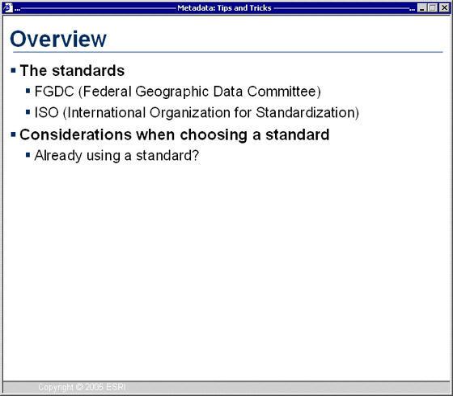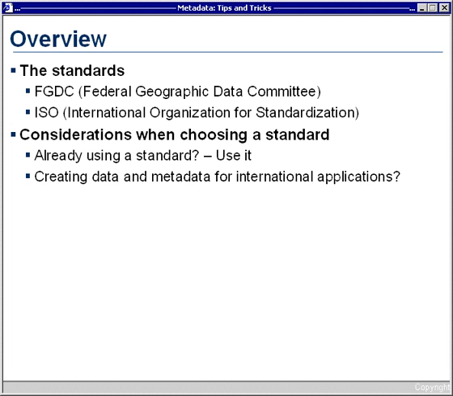If you're already working with one of the standards, there's no compelling reason to change just for the sake of change. If you're working with international applications, then you'll probably want to work with ISO metadata. If you need detailed metadata, regardless of your data or the purpose for the data, FGDC metadata provides more elements than ISO does at this point.